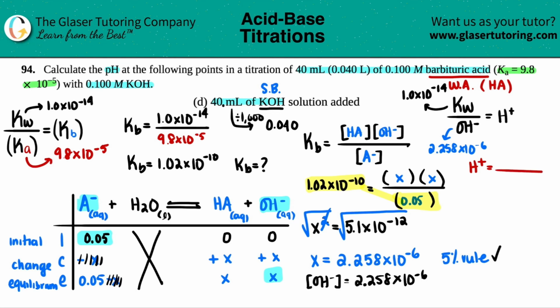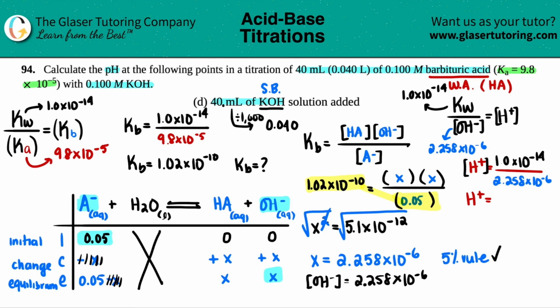H plus equals 1.0, and I should put brackets around this, right? The concentration of H plus, the concentration of OH minus. There we go. 1.0 times 10 to the negative 14th divided by 2.258 times 10 to the negative 6th. Okay, we're almost there.